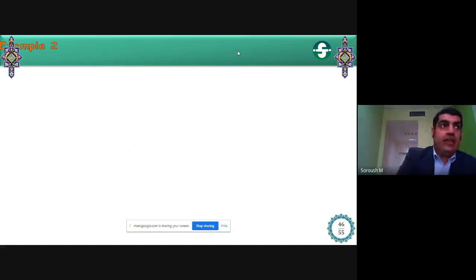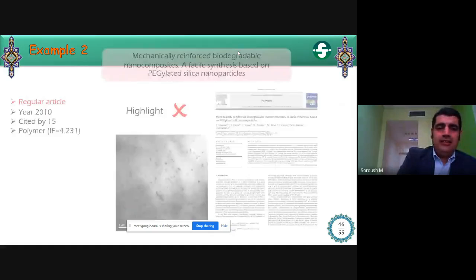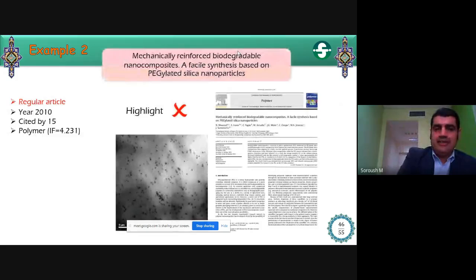On the other hand, let me show you another example which goes back to 10 years ago and has been published in a high-ranked journal in the field of polymer materials. The name of the journal is Polymer, and we can see that it has been cited just 15 times over 10 years.